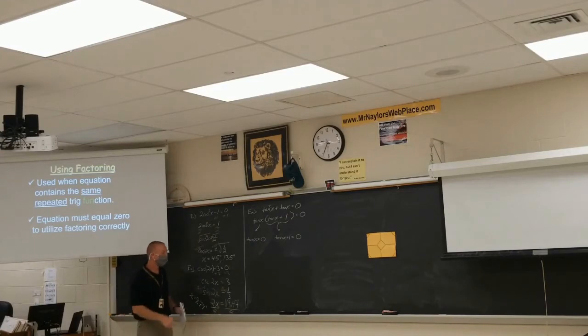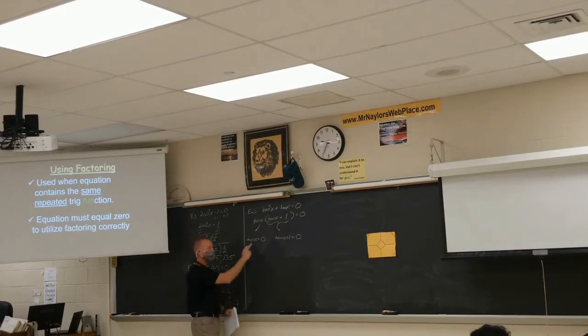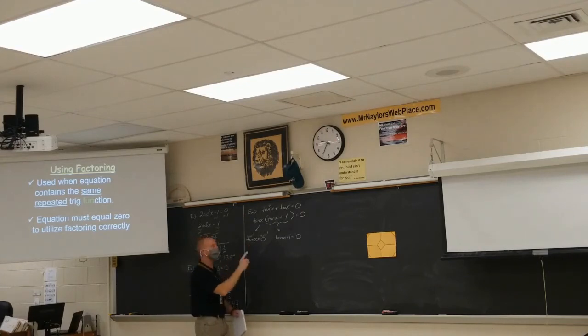Now, I've seen this in the past, and hopefully not in the future: sometimes kids aren't sure how to finish this. It's the inverse. You always do an inverse, and it's probably just going to be on your calculator, which is fine. But you can't just stop here. You have to do the inverse of 0.